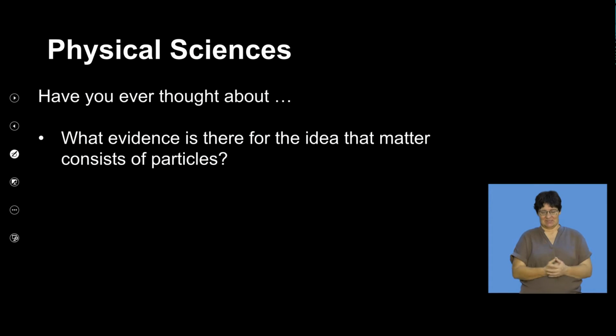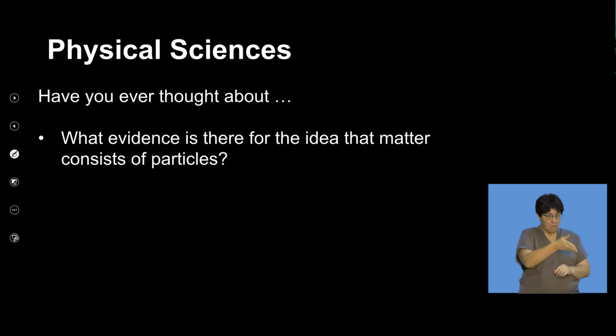So what's the thinking that's going to guide our discussion for today? The big question we want to ask ourselves is: what evidence, because science is purely based on empirical evidence, is there for the idea that matter consists of particles?